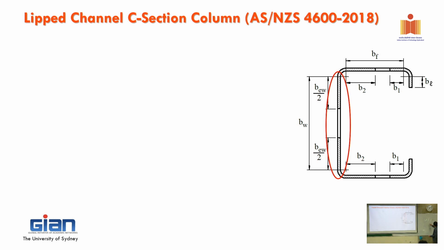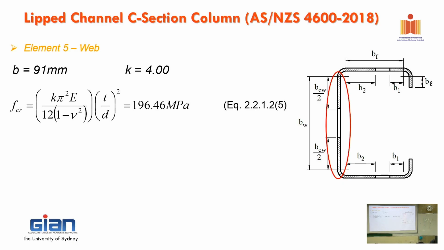So we can consider the web element as simply supported on both edges. So what is K here? 4.